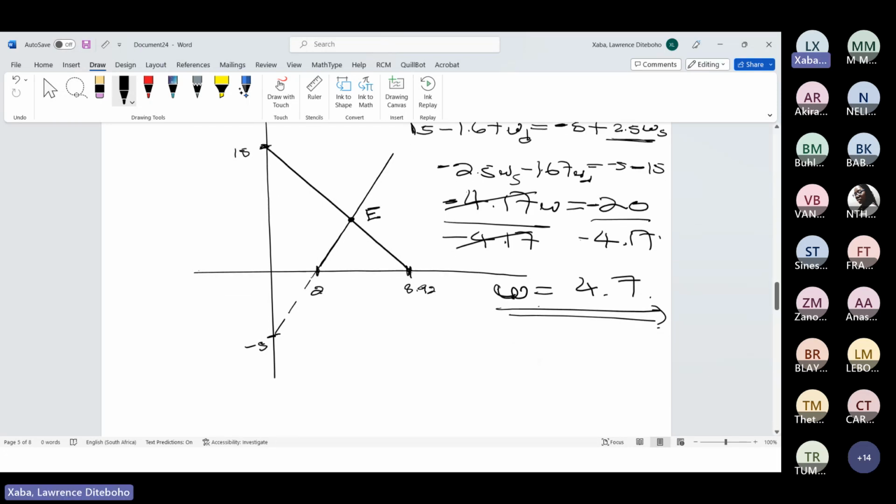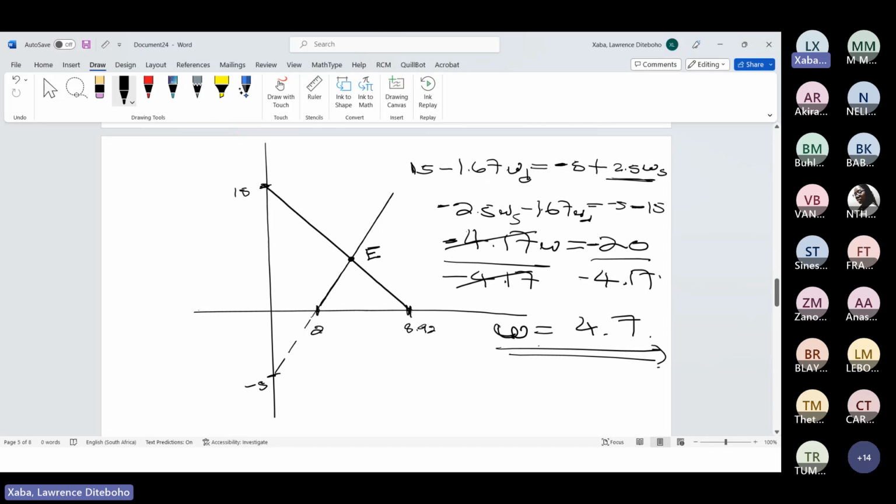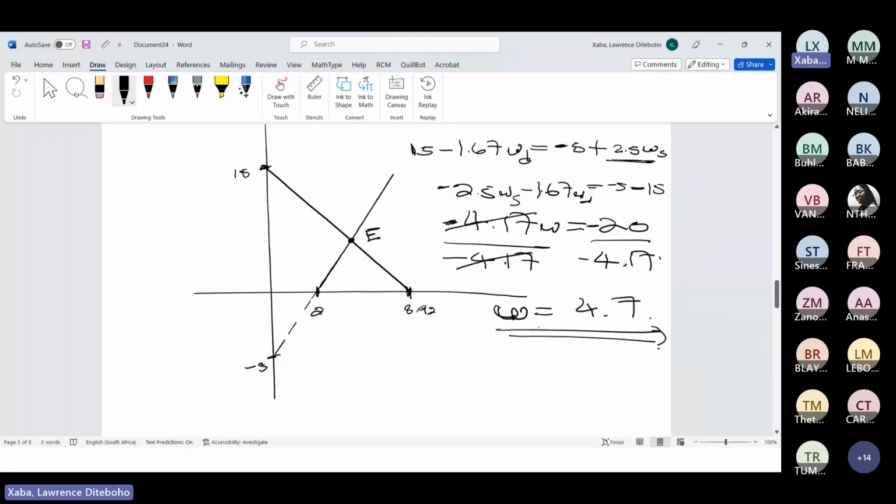So also here we are expecting the same thing because now we are saying they are balanced. So when they are balanced, if you take this value and substitute it into the first equation, it has to give you the same value that you're going to get when you substitute it into the second equation. But we'll do that in both equations.